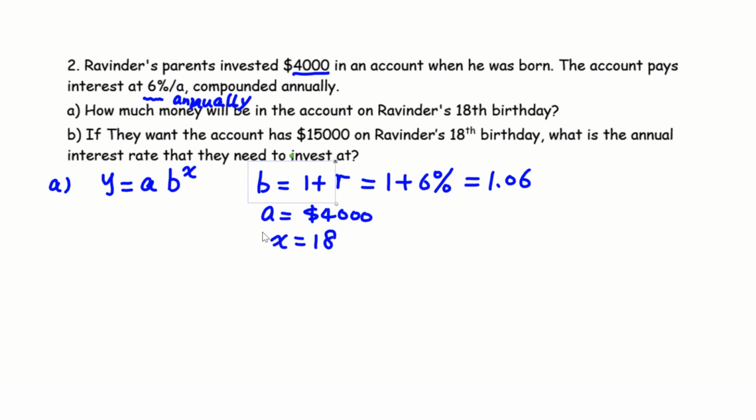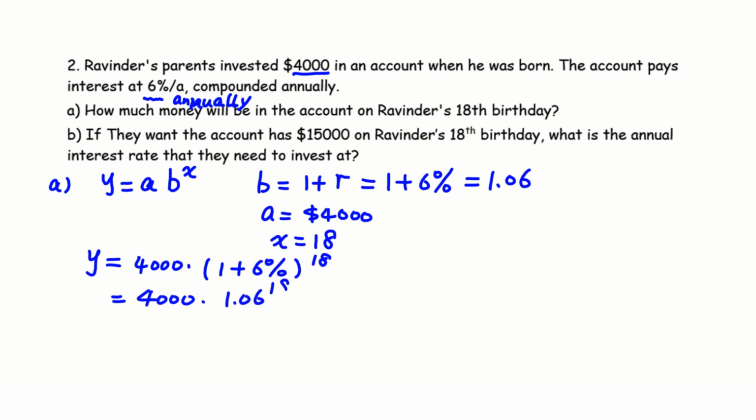So we sub in all this given information, we are going to have y equals $4,000 times 1 plus r, 6%, then to the exponent 18. So you have 4,000 times 1.06 to the exponent 18.